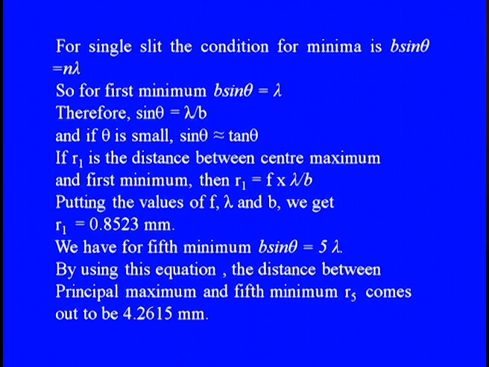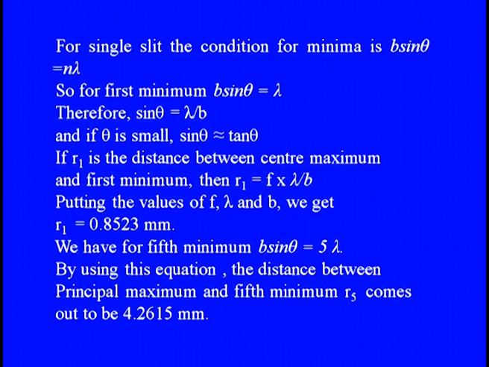For single slit, the condition for minima is b sin theta equal to n lambda. So, for first minimum, b sin theta will be equal to lambda. Therefore, sin theta will be equal to lambda upon b.